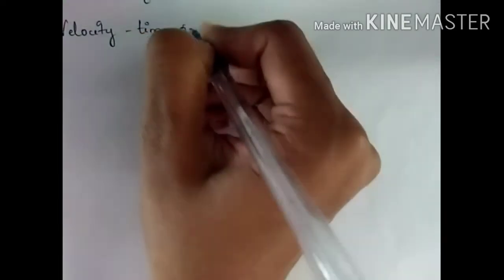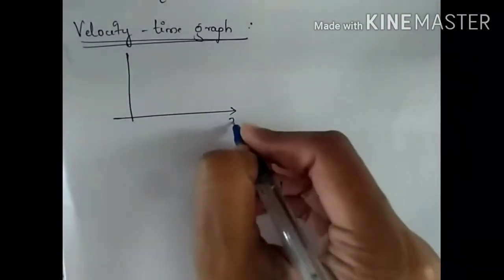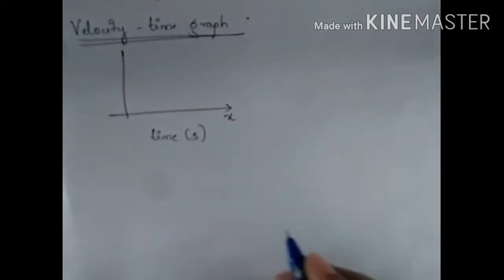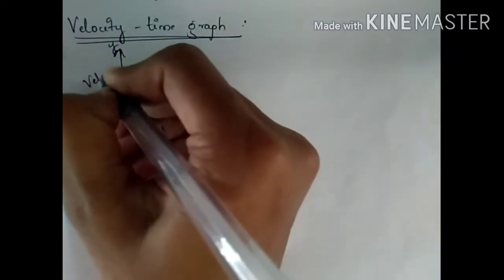Now let us try to understand the velocity time graph. So let us see the next topic, the velocity time graph. In this velocity time graph, the x-axis represents the time and the y-axis represents the velocity.